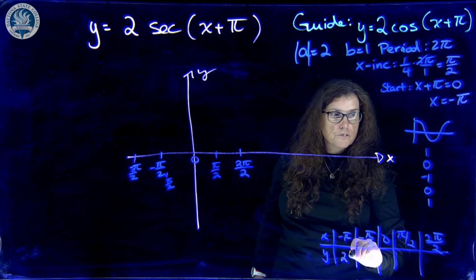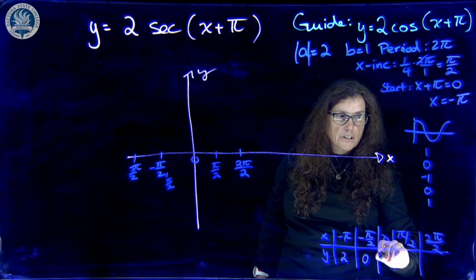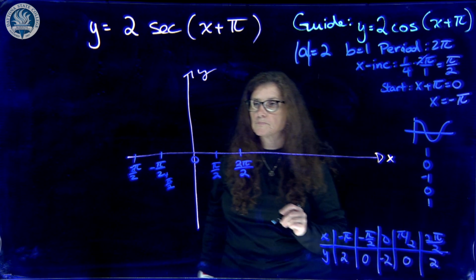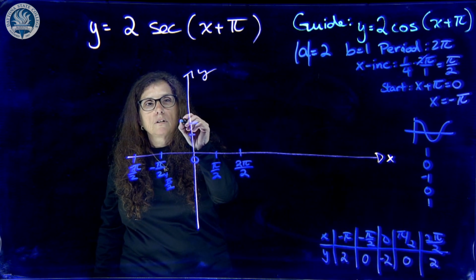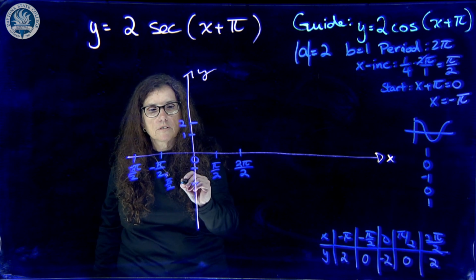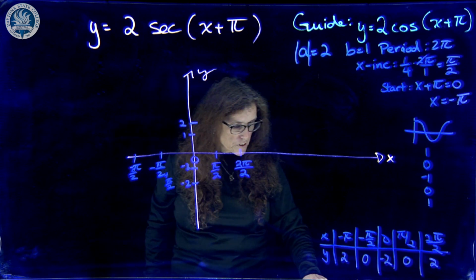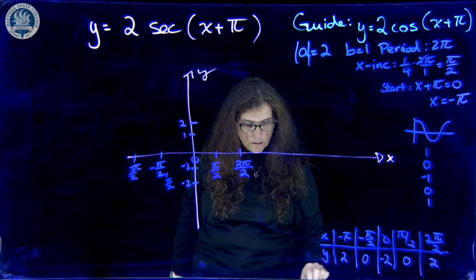So we start at 2, then we have 0, negative 2, 0, and 2. Okay, let's start graphing.